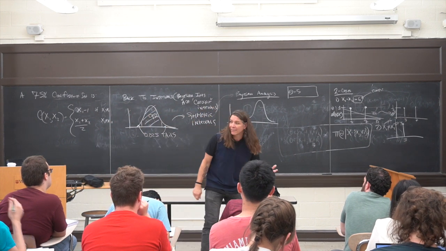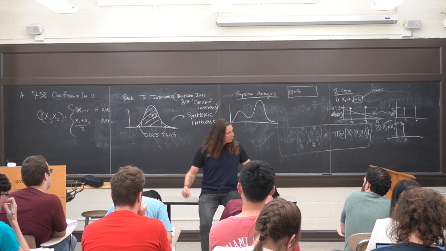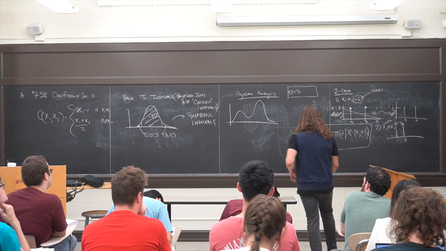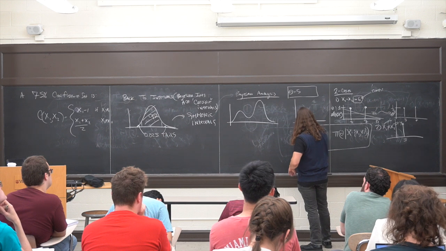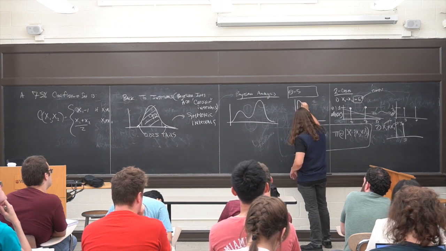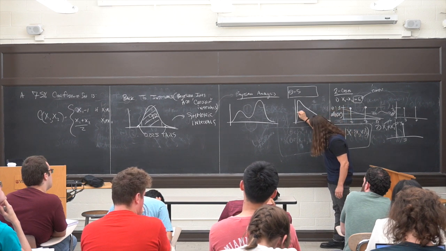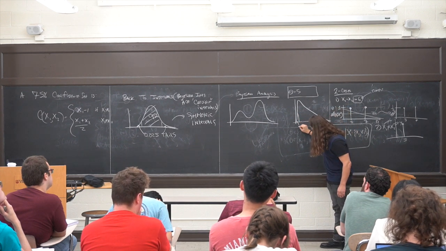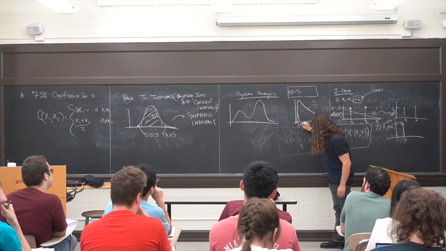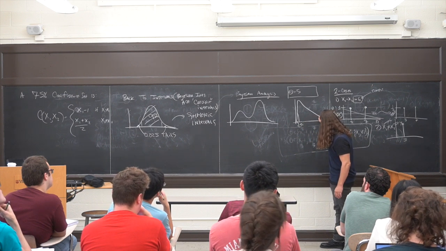You'd still say that's a 95% interval. Let me draw a picture over here. Say I had a distribution that looks like this. And I go 2.5%. And I say, ooh, 2.5%.